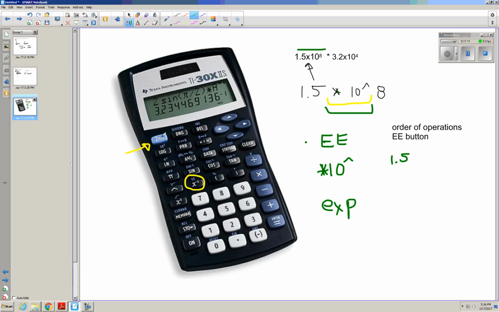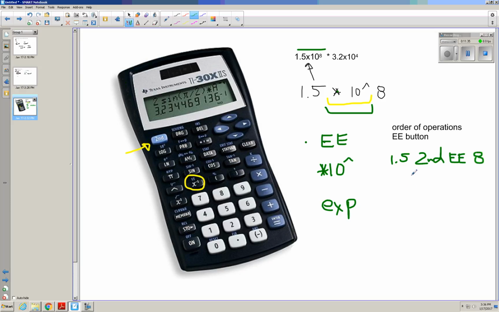I'm going to go over here and hit second function. So I'll just type it in. You're obviously not typing this in on the calculator. You're going to hit second function, and then you're going to type in EE, and that basically does all of this stuff for you. Then you just put in the exponent, which in this case happens to be 8. So you're going to go 1.5, then second function, then EE8.